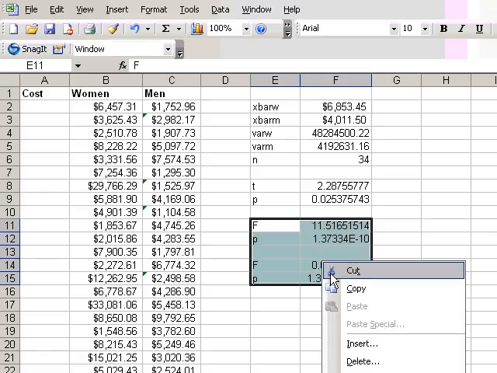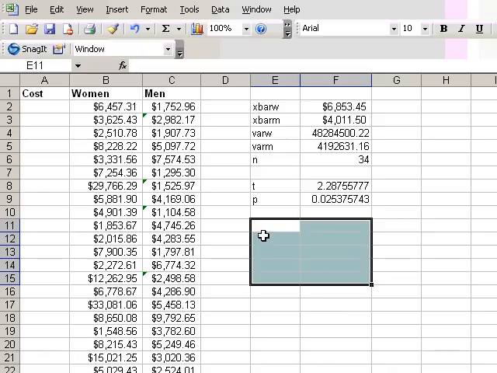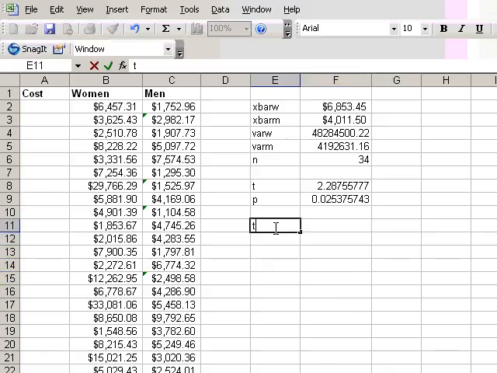I'm going to clear this, and I'm going to calculate the new t-statistic.